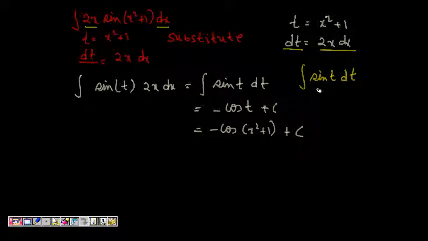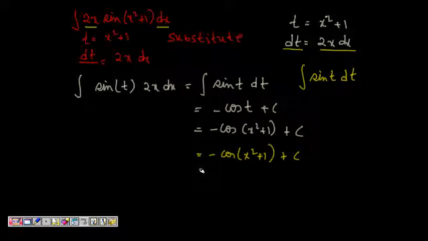Which function, if we differentiate, gives us sine? That is minus cos t. So this becomes minus cos t plus c, and now you can resubstitute t = x² + 1. So this is minus cos(x² + 1) plus some constant. This is what we get in the answer.